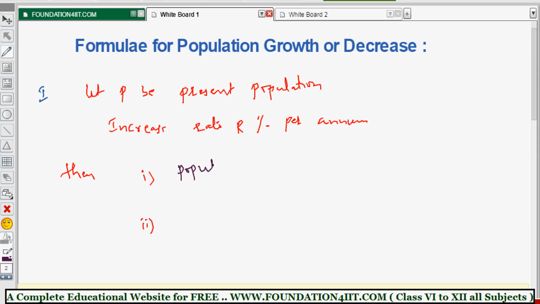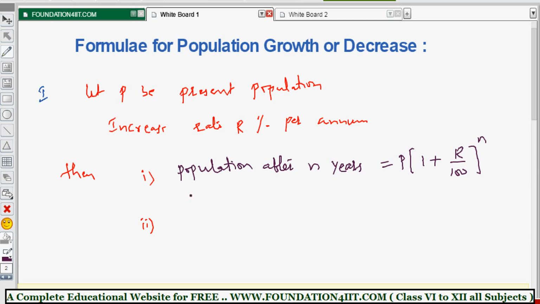Population after n years, either 2 years or 5 years, is equal to P into 1 plus r by 100 to the power n. So n is the number of years, P is the present population and r is the rate of growth. So here the rate of growth is how much it is increasing.